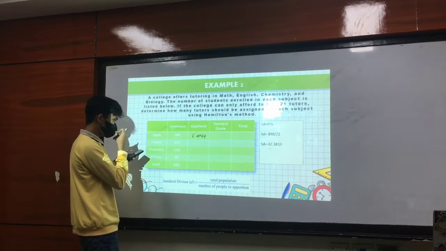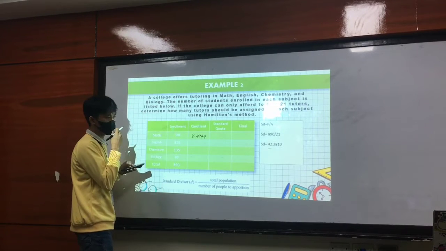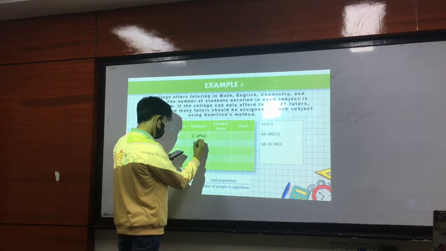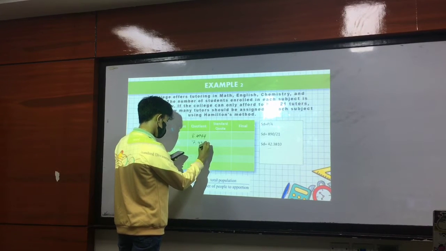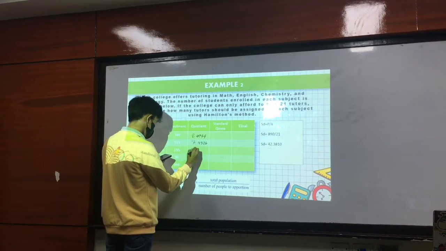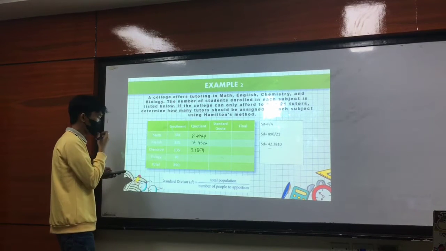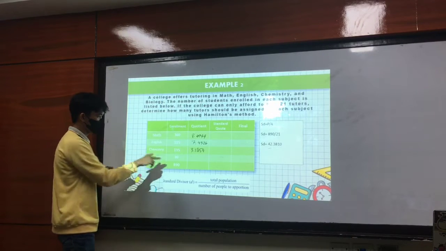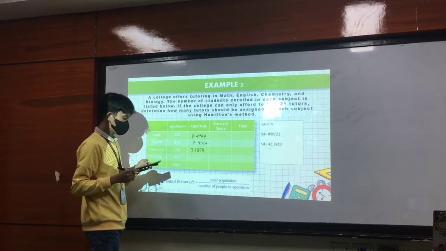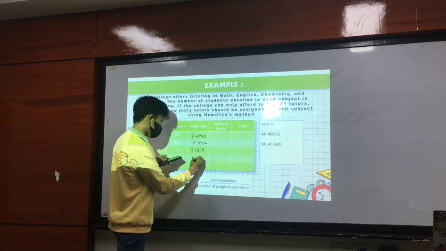In English, we have 315 enrollees, divided by our standard divisor, 42.3810, and we got 7.4326. And in subject chemistry, we have 3.1854. And lastly, our last subject is biology, which is 80 divided by our standard divisor, 42.3810, and we got 1.8876.